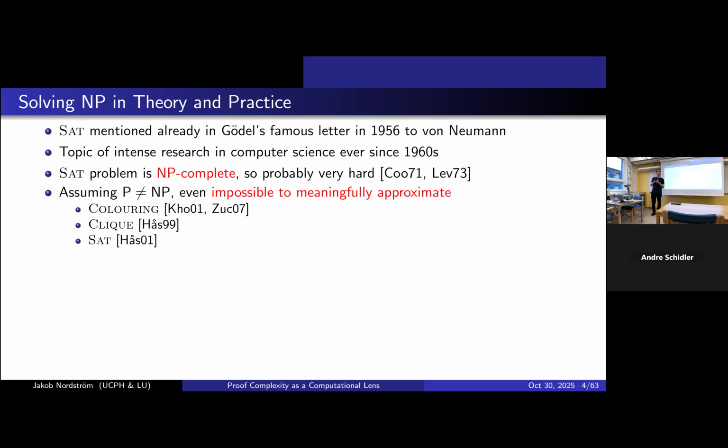In fact, we know more about these problems today. We know that assuming that P is distinct from NP, which most people believe, it's not even possible to approximate how few colors you need or how large a clique is, to distinguish between where the clique is essentially all of the graph or nothing of the graph. And we also know that it's very hard.